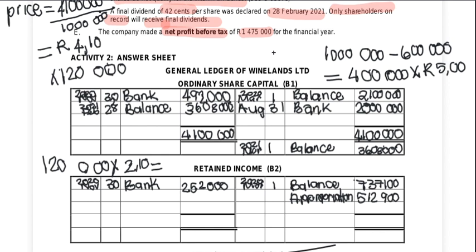On this side we have 252,000. So our total is the 1,250,000. Totals are equal, so 1,250,000. Then we find the balance, which is 1,250,000 minus the 252,000 to give you 998,000 as your balance.